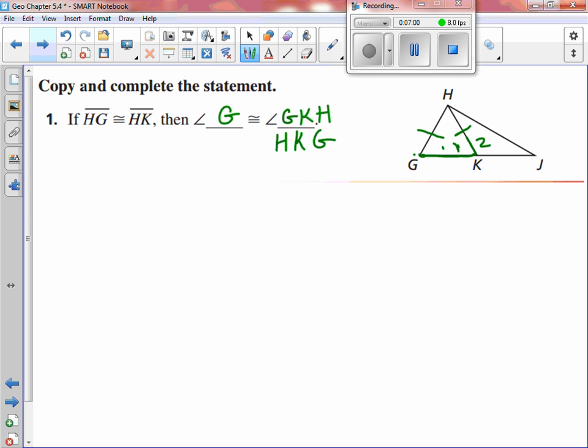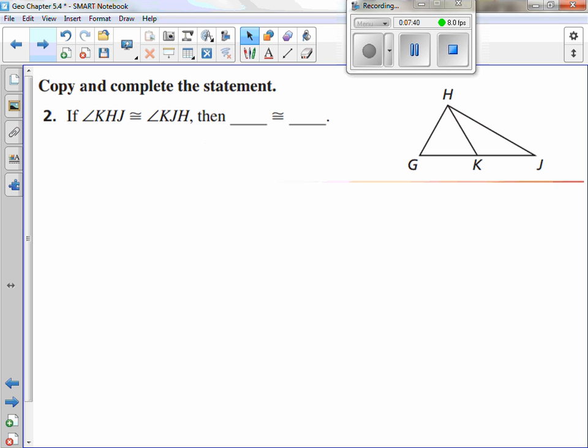And again, when we use 3 letters, we're really just tracing that angle, starting on one of the sides, going to the vertex, and then to the other side. Because there's more than one angle there, we needed to use 3 letters. And again, the angles opposite the congruent sides are congruent every single time. Any questions on this here?